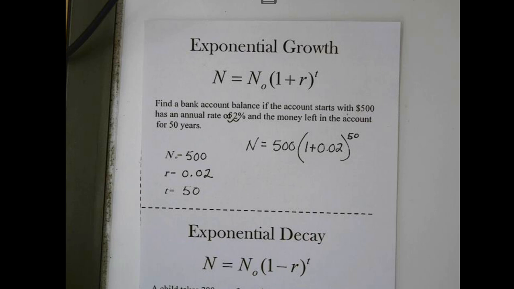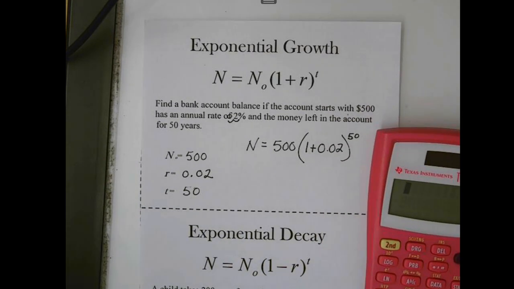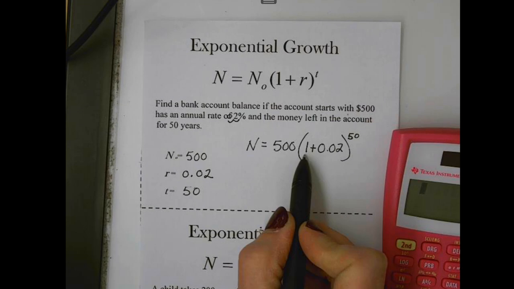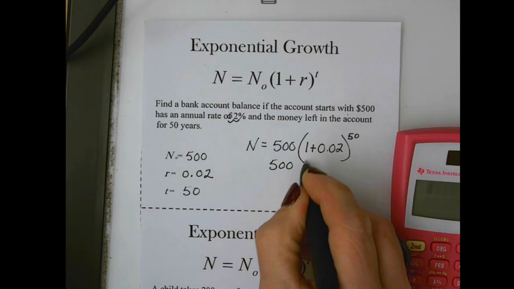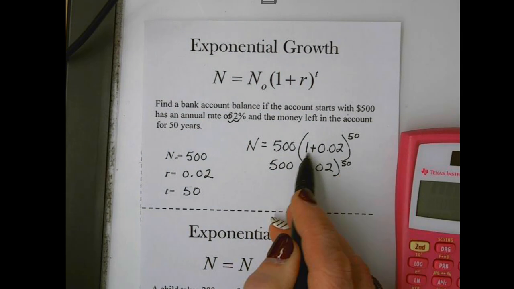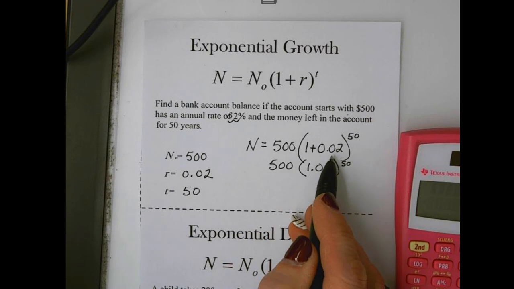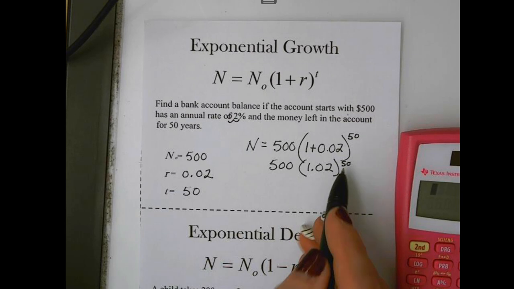We're going to use a calculator definitely for this. I couldn't even do this one mentally. Now I can do this little part: 1 plus 0.02 would be 102%. So that 1 means 100, the 0.02 is 2%. So 102% raised to the 50th power.